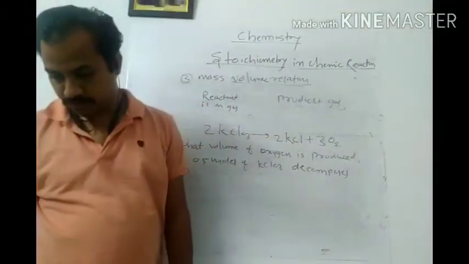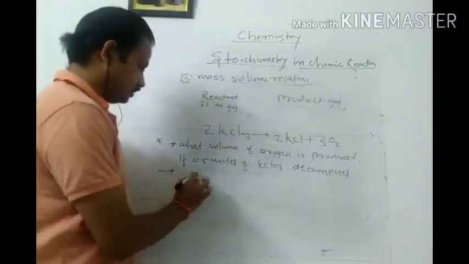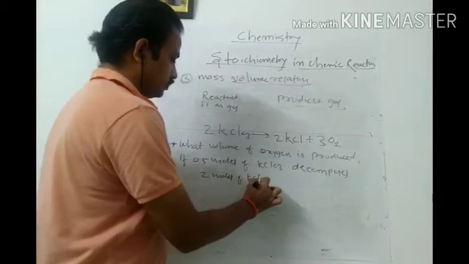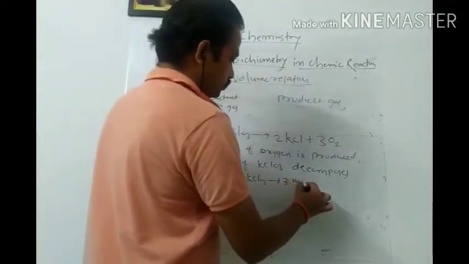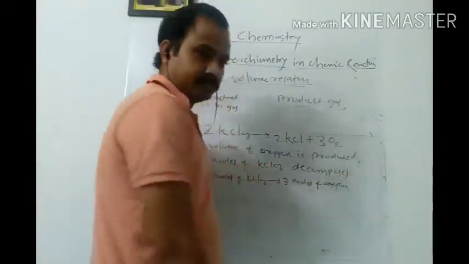This is theory; 0.5 moles is given in the question. Then I can find out, so here I can write: 2 moles of KClO3 decomposes, it will give 3 moles of oxygen, isn't it?